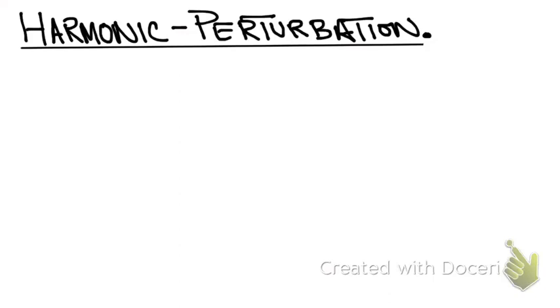Let's talk about the harmonic perturbation today. In my previous video, I discussed the Gaussian perturbation for time-dependent perturbation theory, and it illustrated the importance of the frequency components that matched the Bohr frequency of transition.